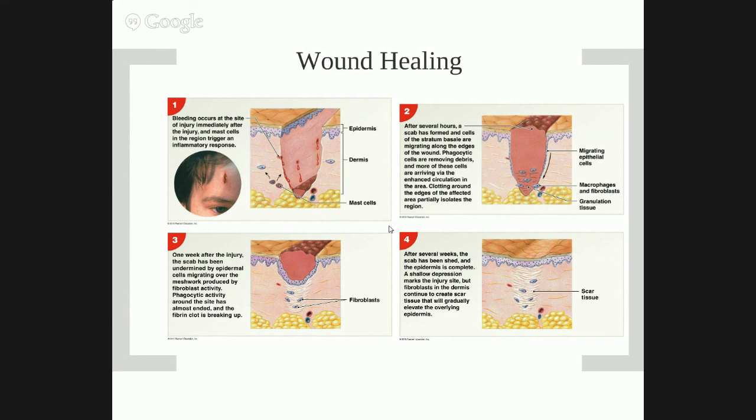So in the third picture here, we have a scab there. It's only sort of half as deep as it used to be because the dermis has healed back behind it, and the epidermis, which is kind of the purple part, has grown around across the wound site.